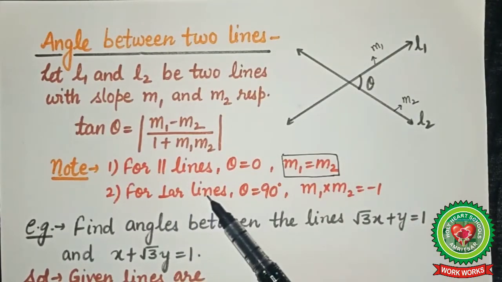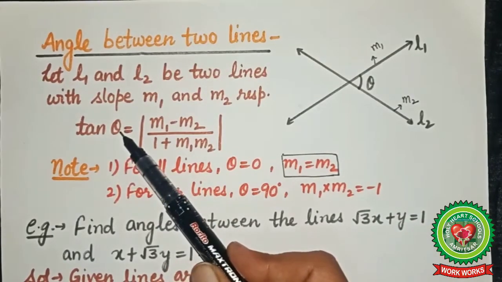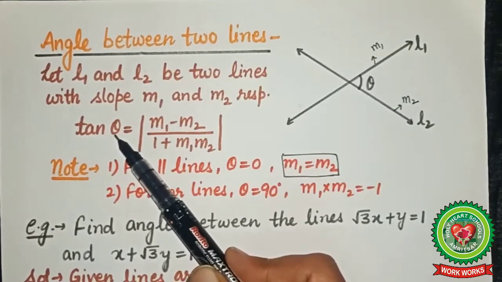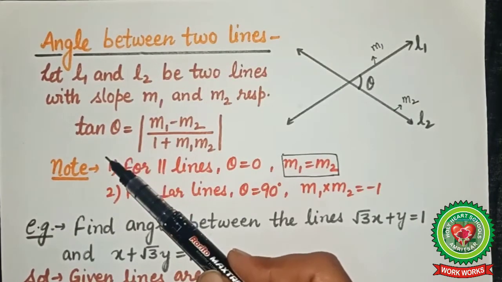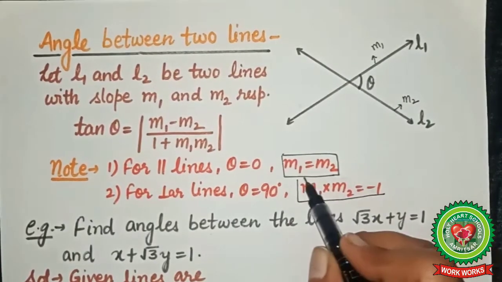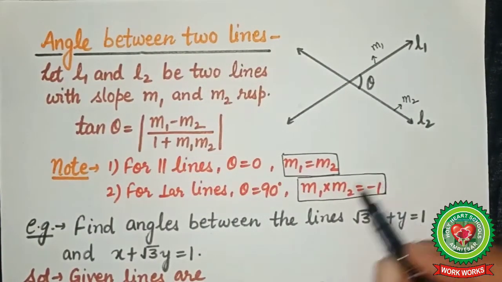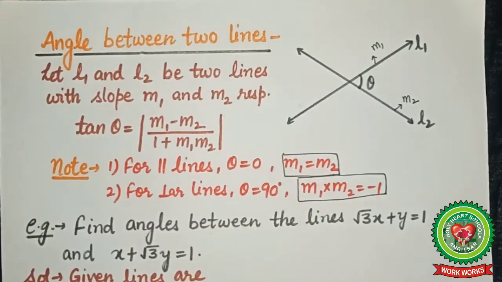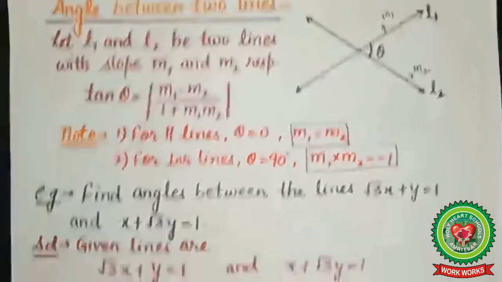Similarly, for perpendicular lines, tan theta will become tan 90, that is not defined. On simplifying, we will get m1 into m2 is equal to minus 1. This is the condition for the perpendicular lines. Now, let's do one example for finding the angle between the two lines.